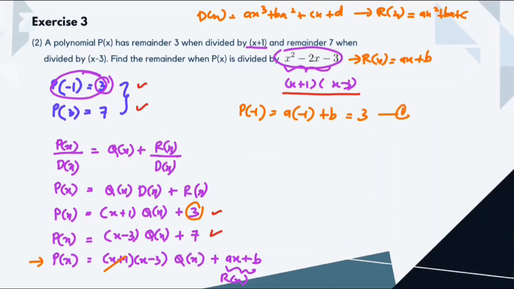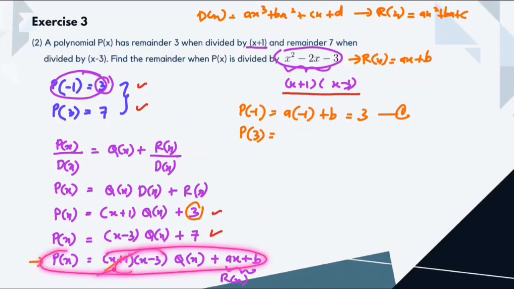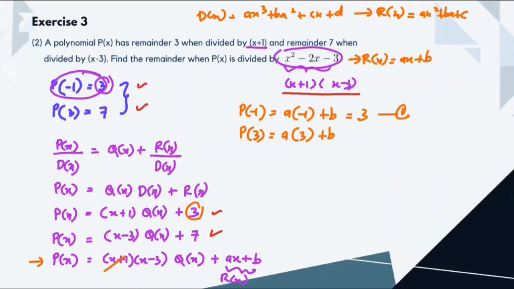Next, when we substitute x = 3 into this polynomial function, the factor term again becomes 0 and what is left is only the remainder. So we write a times 3 plus b equals 7, which gives the second equation.